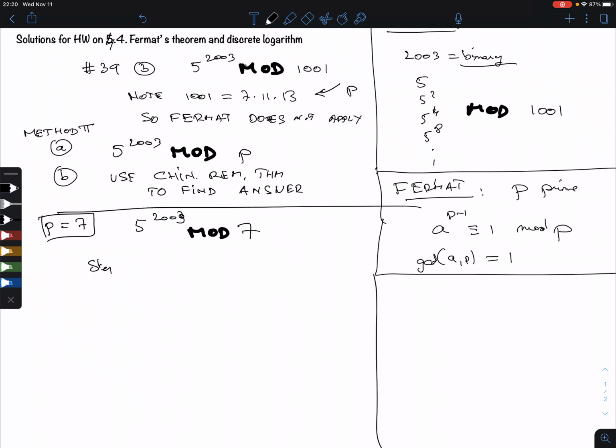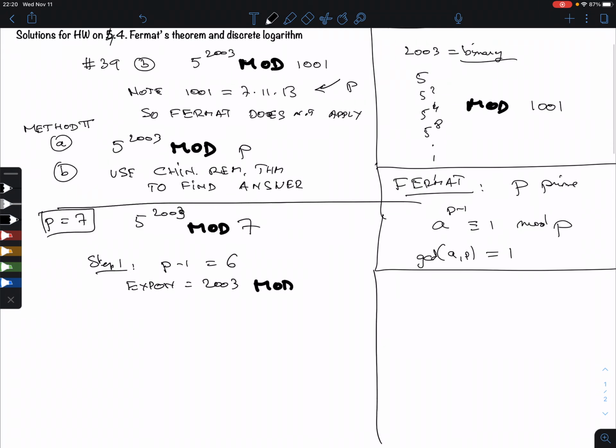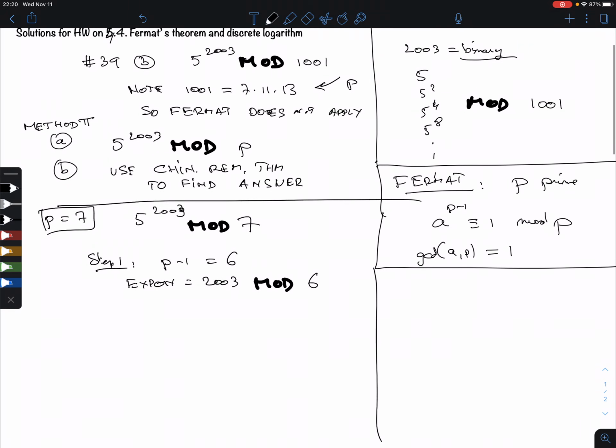Step 1 is to look at P minus 1, that is 6, and take the exponent 2003 and calculate 2003 mod 6, not mod 7, but mod 6.